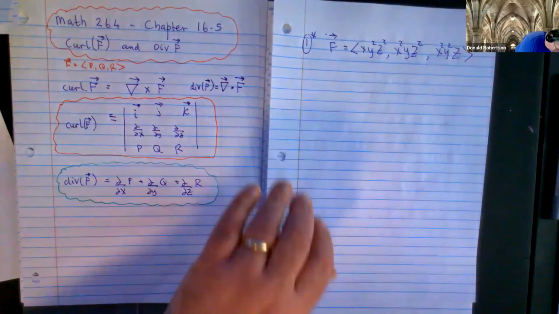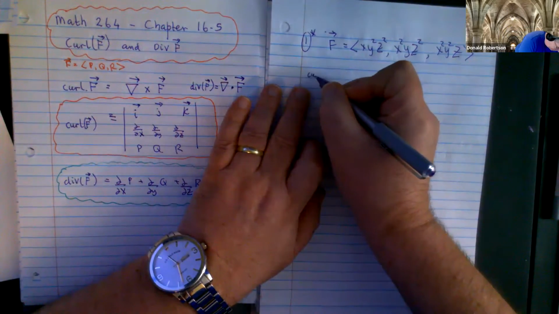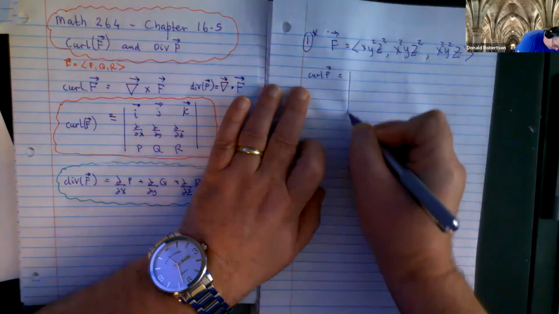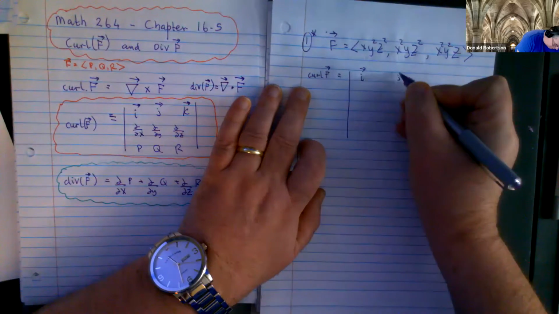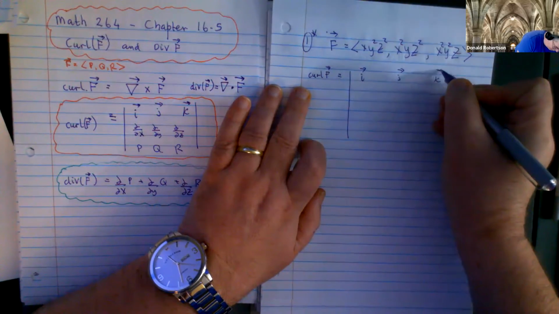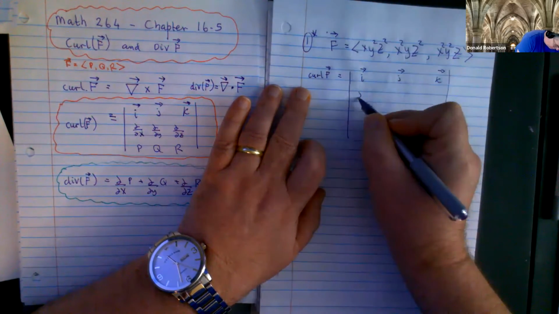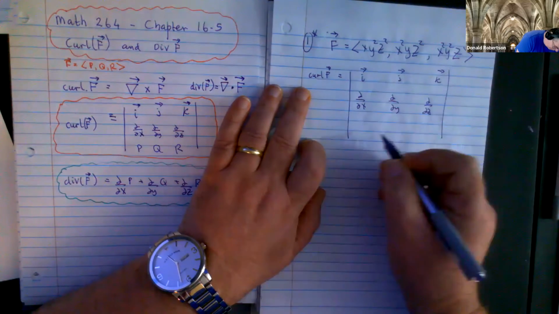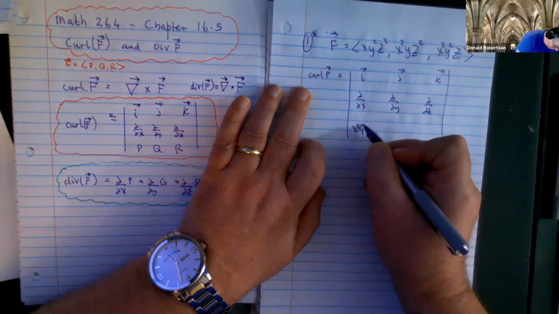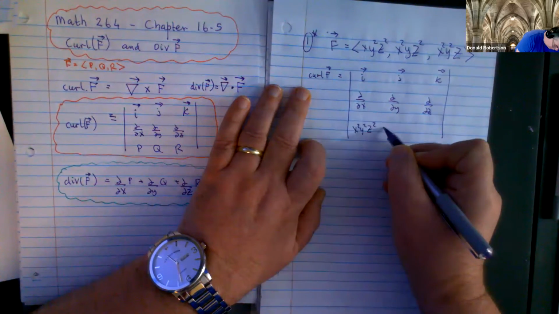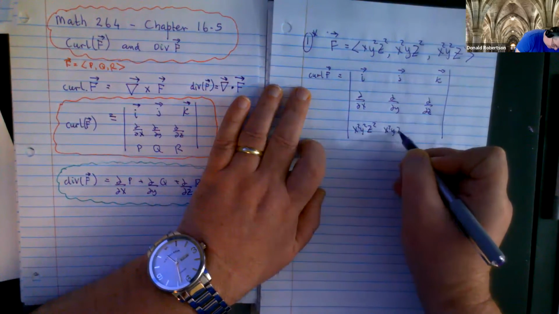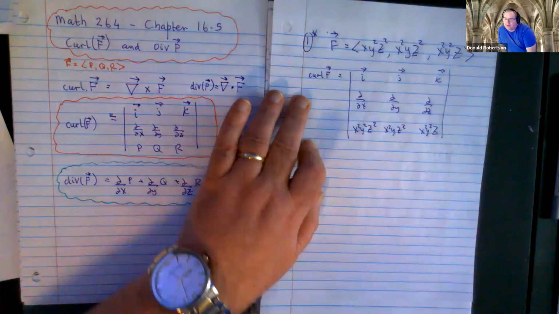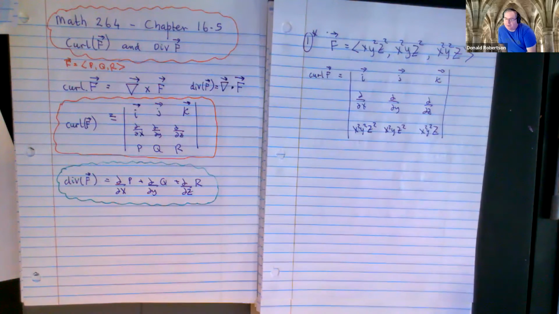Let's find the curl then. So we go i, we go j, we go k. We put in the operators, and then we put in P, Q, and R. Are you comfortable about setting this up? Are you happy about where all the bits go?